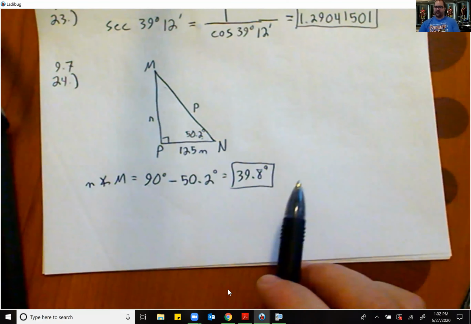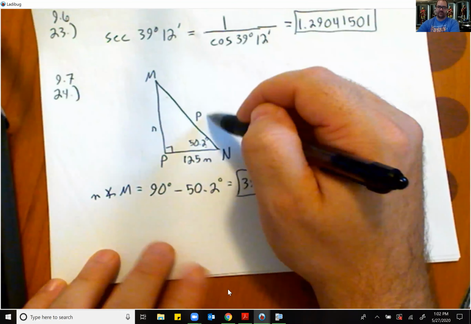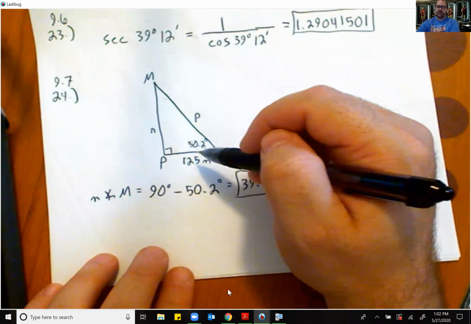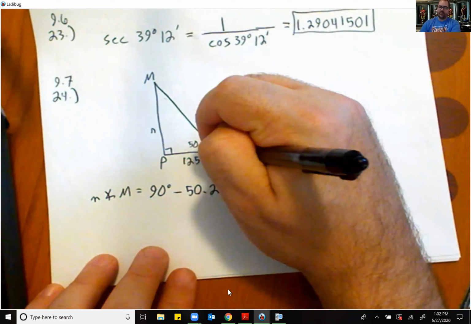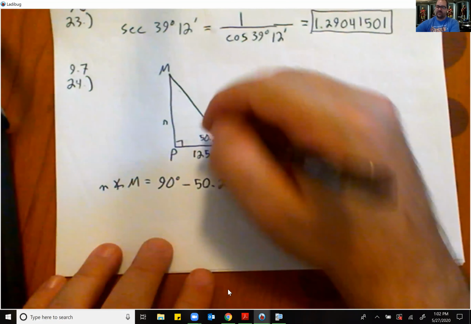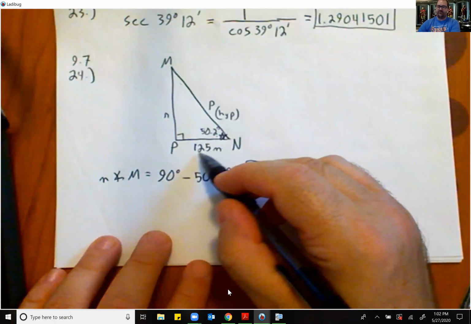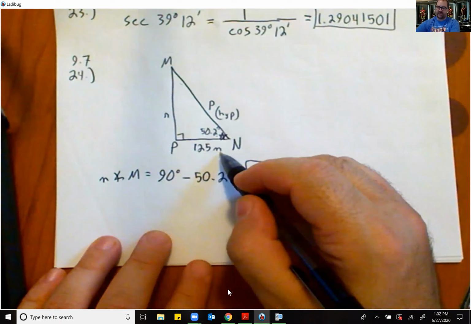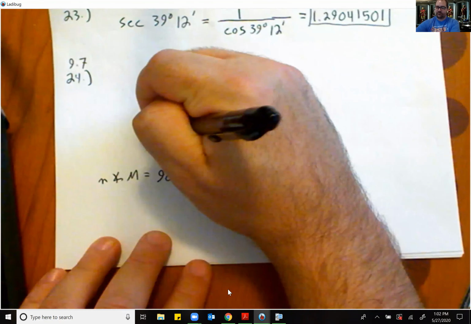All right, now to find the other 2, we're going to use SOHCAHTOA to help us out with those. Okay? And I'm going to go from the angle that's given. So according to this angle, P is the hypotenuse. The 125 meters is the adjacent. N is the opposite.